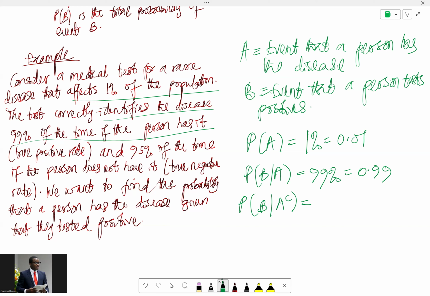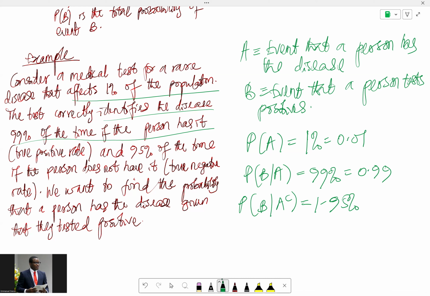The person has the disease, but then doesn't have it. So 95%, the person does not have it and tests negative. If true negative is 95%, then that means that false positive would be 5%.